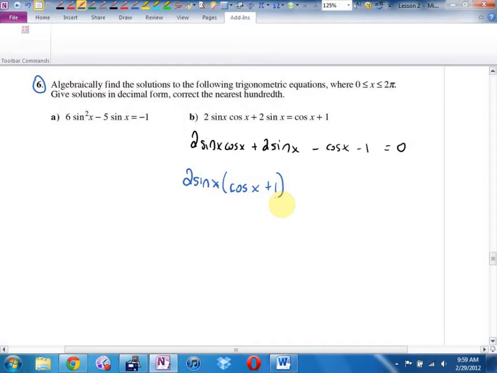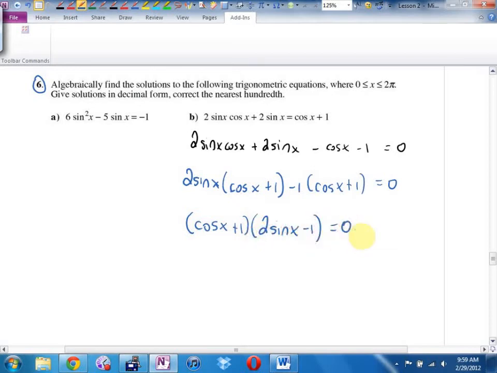Oh, there is. You see where we're going now, don't you? Leaving me a cos x plus 1. Oh, cool. My factors are going to be cos x plus 1 and 2 sine x minus 1 equals 0. It's going to be kind of neat.